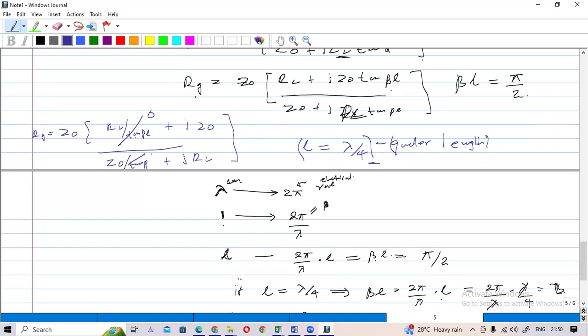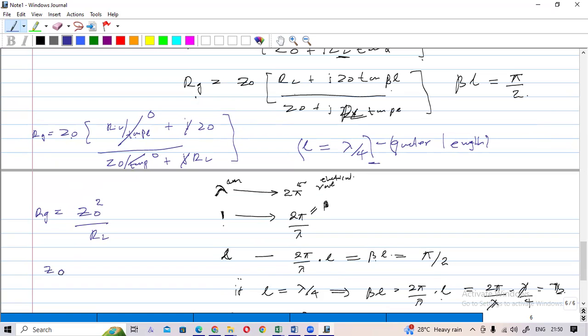Then you will have Rg equal to Z naught squared divided by RL, since j and j cancel. Then you can calculate Z naught as the square root of Rg times RL.